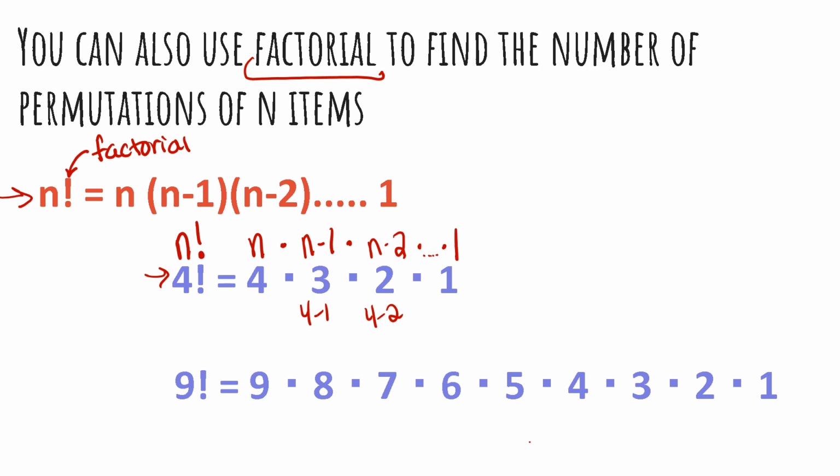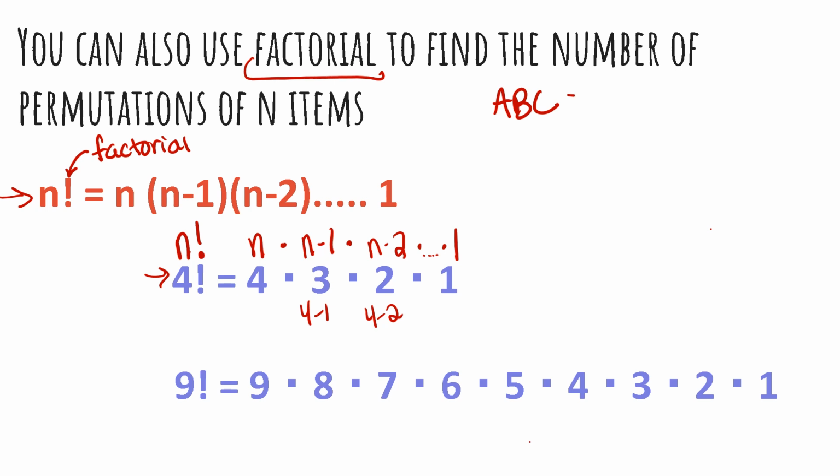Why do you think we don't want to go all the way to 0? Right, because then you would just undo what you did and make it 0. So we multiply all the numbers less than the number we're taking the factorial of until we get down to 1.